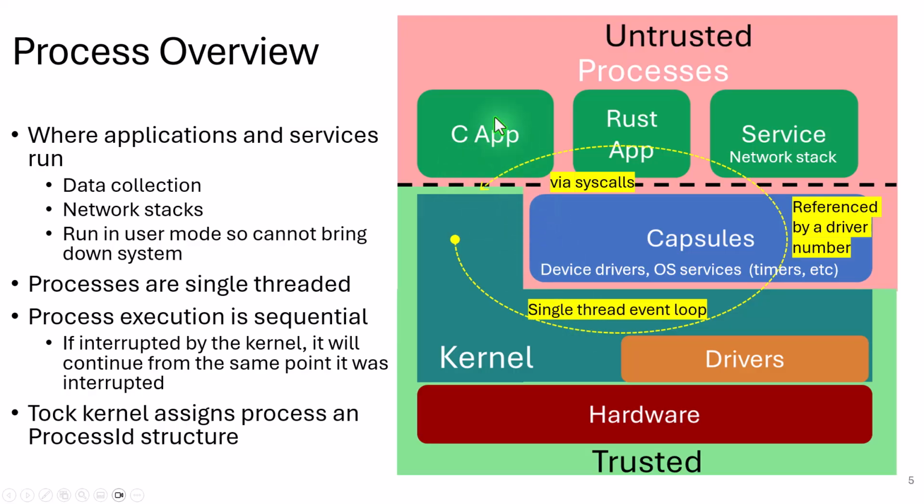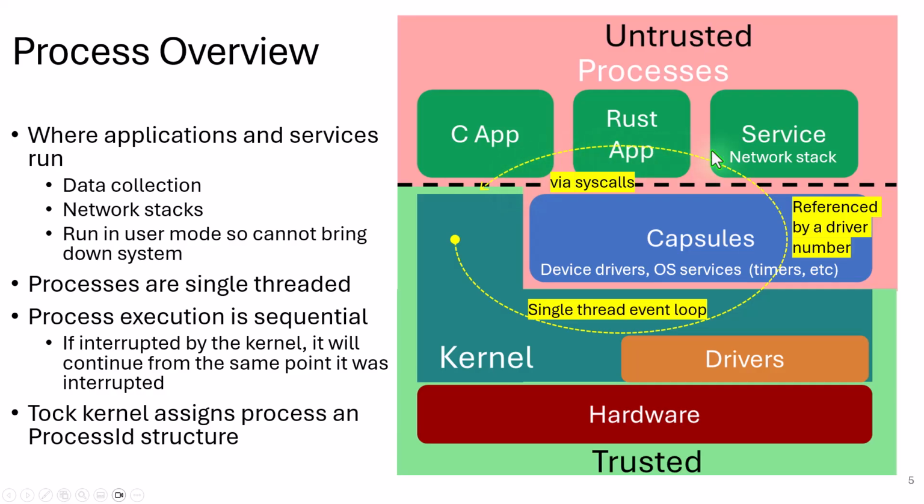So if the process is executing and a hardware timer fires, then the kernel will interrupt the process, quickly handle that hardware event, and then go back to running the process. The process can either be interrupted by the kernel after a specific time or run until the process itself decides it's at a pausing point and yields.